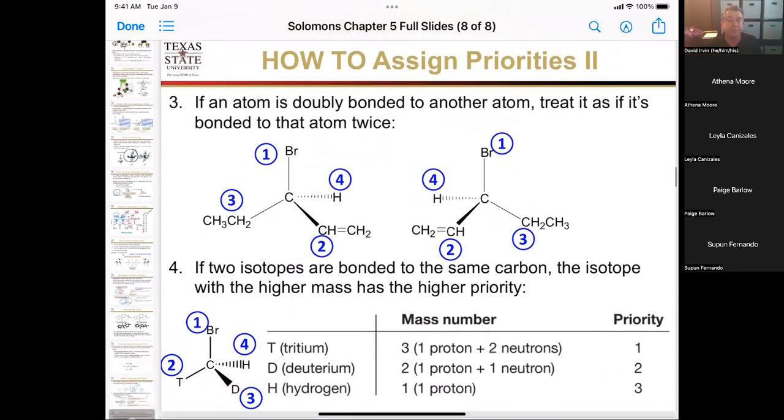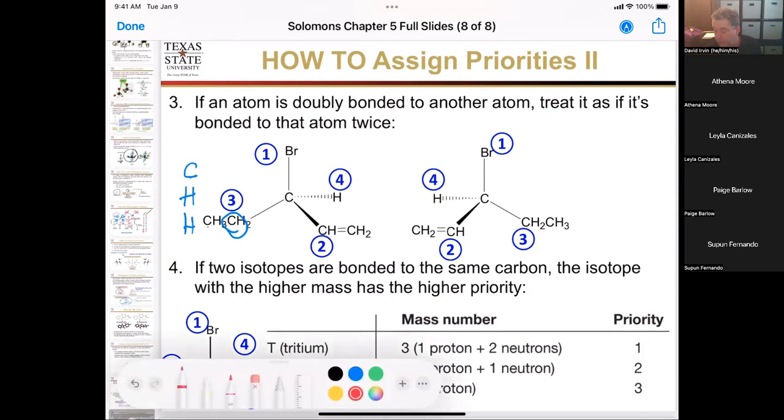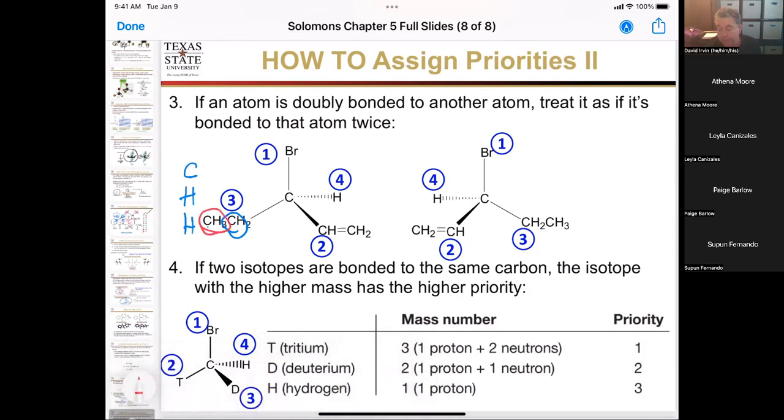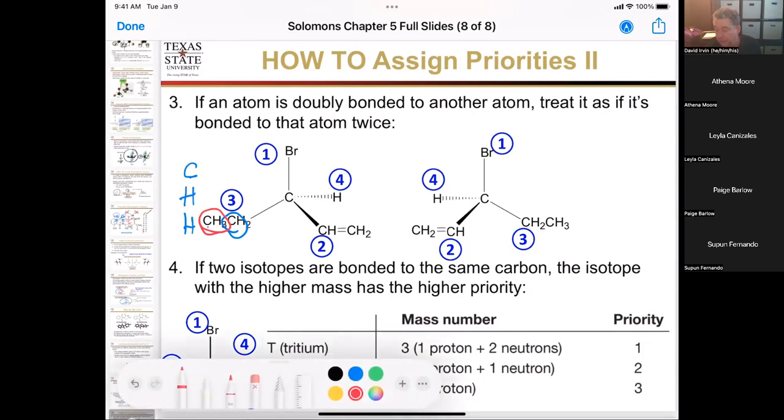Okay, so what if you have a double bond? The carbons are both bonded to carbons. You count each bond to that Z element, okay? So in the case of here, we have one carbon bond, one hydrogen bond, and one hydrogen bond for the structure that is right here, okay?